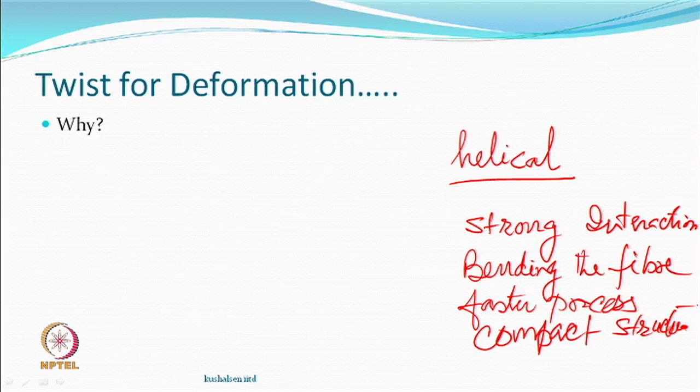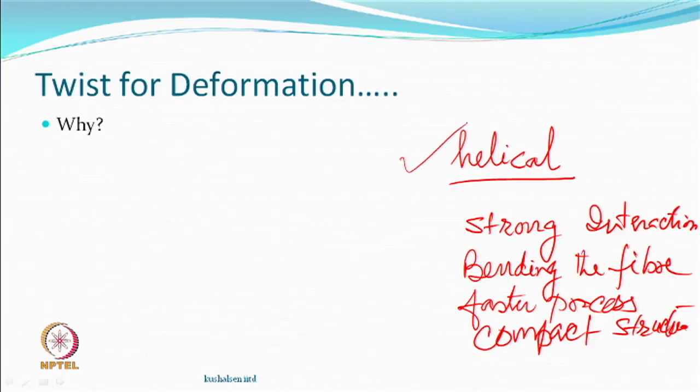Remember, what is my aim? To produce textured yarn, right? And as far as helical structure is concerned, I think it is fine. Twisting does helical structure, you will get something like this. So, you may be able to stretch and it may come back.